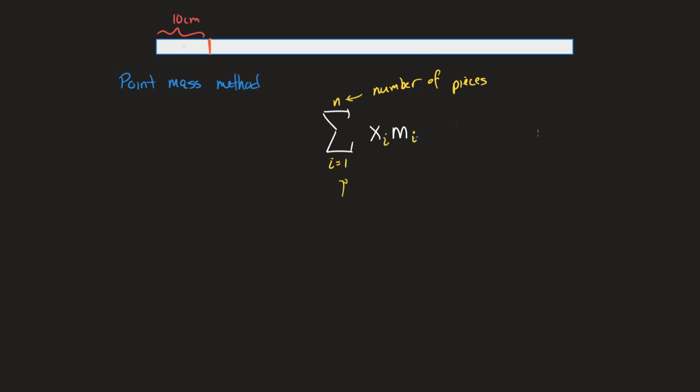So where's the center of the first piece if I'm making this the starting point? 5 centimeters, that's right. The center of the first piece will be 5 centimeters away. Just to make sure we're all paying attention, where is the center of the second piece? 15, good. Now we see how we're going to increase our measurement each time.